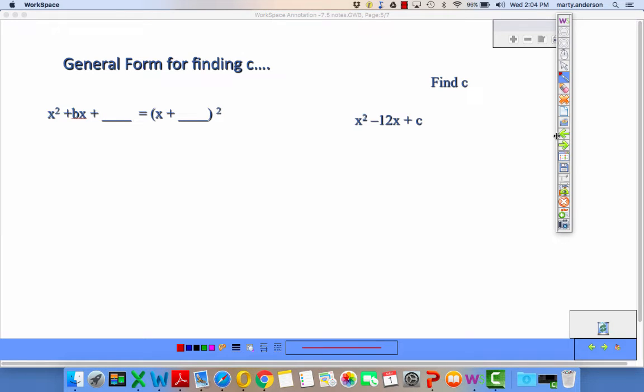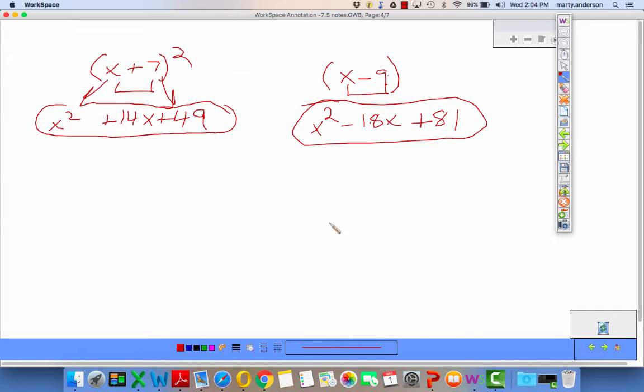Here we go, general form. I don't like to go this direction. I like to go down with this. I'm going to make this into a square. In the general form, notice x squared has a coefficient of 1. Now, to go from here to here, from the trinomial back to the binomial, what did we do? I'm going from 14 to 7, negative 18 to 9.